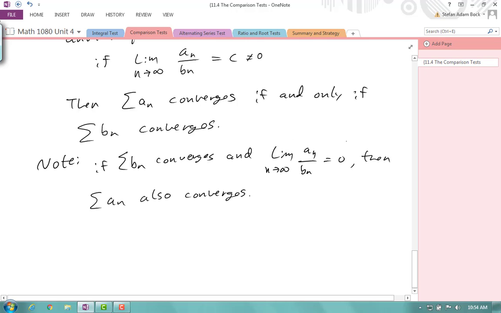What this limit being equal to 0 means is that a sub n is extremely small compared to b sub n as n goes to infinity, which means that a sub n's are actually smaller than my b sub n, so it kind of turns into a direct comparison.